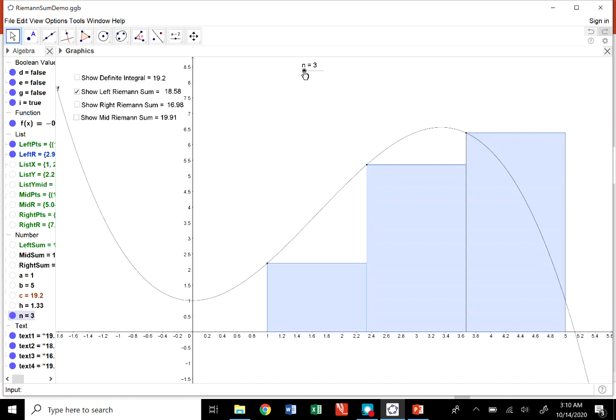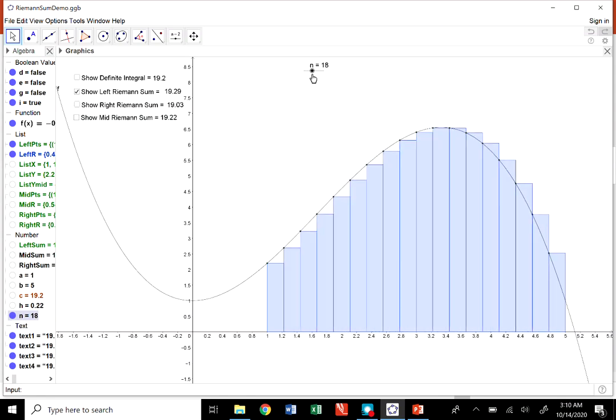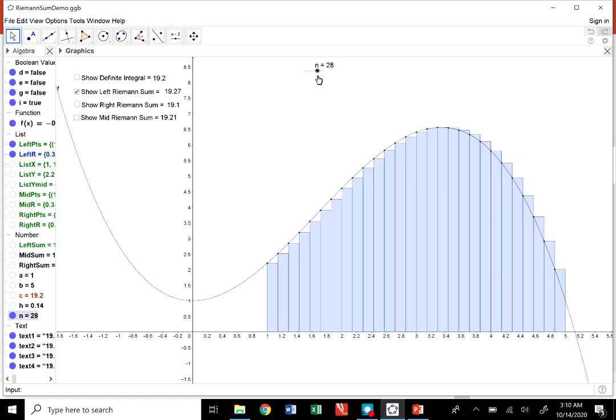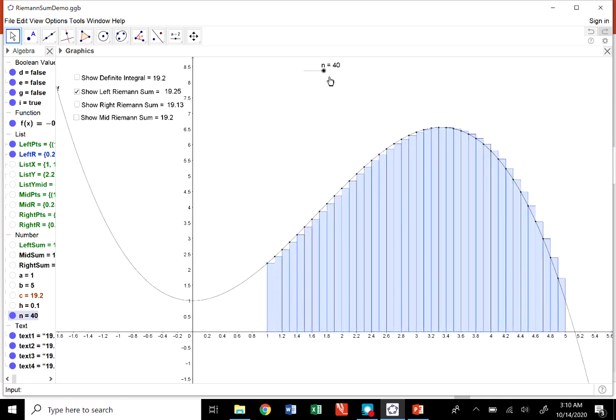So, can we keep doing this? Keep increasing: 4, 5, 6, 7, 8, 9, 10. Wow. Isn't it getting a lot better? It is. What if I were to go to 40? Still not exact, but it is much, much, much better.